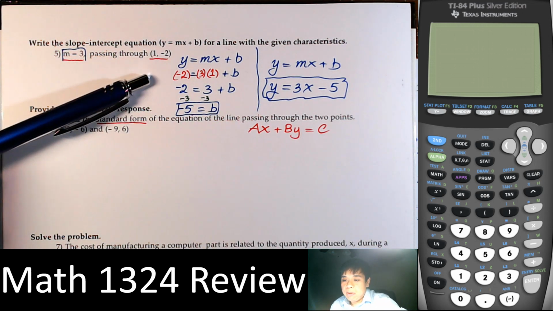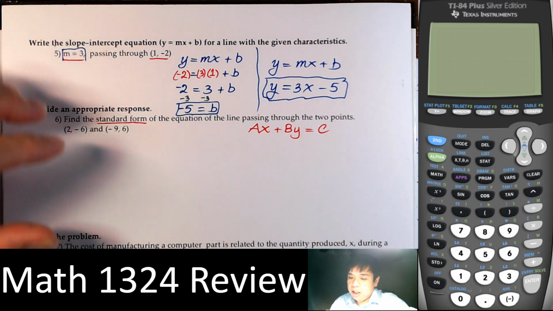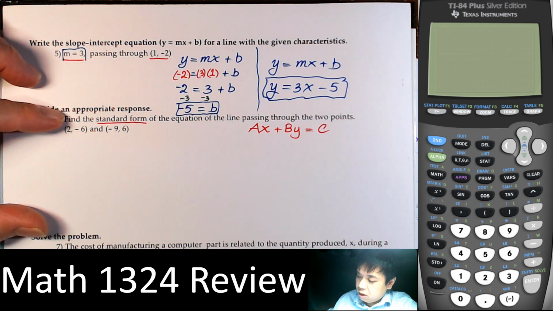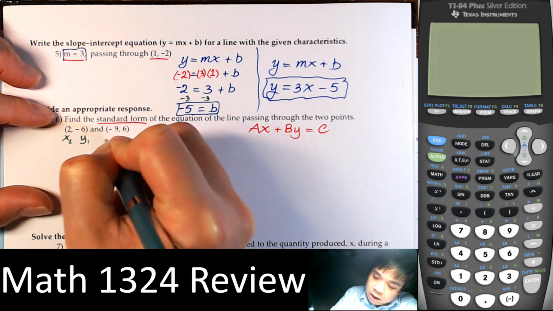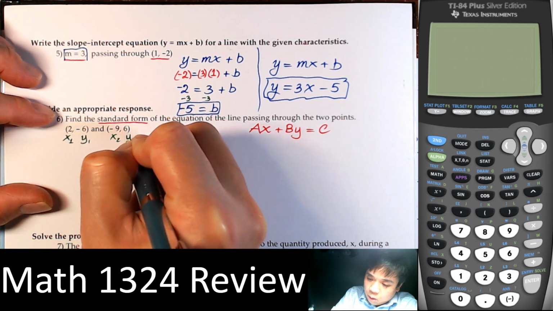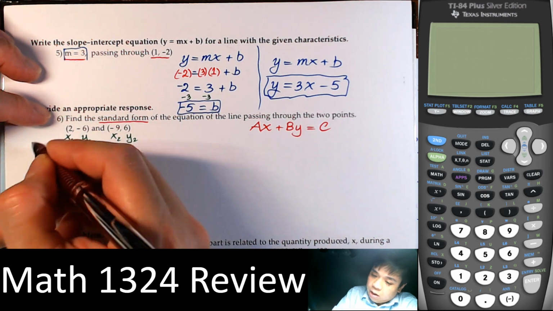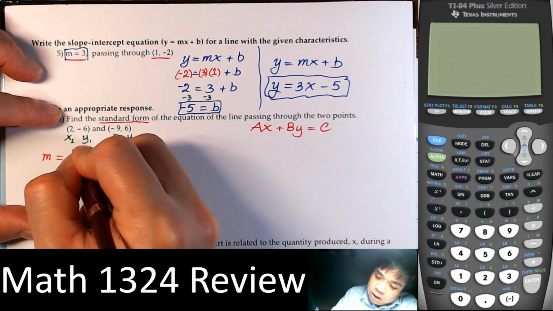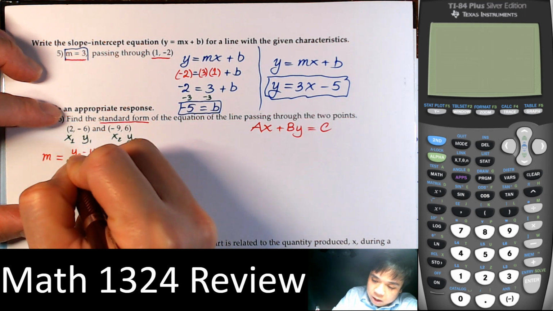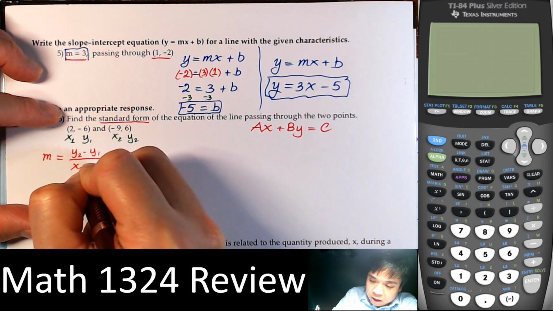And the slope intercept form is y equal to mx plus b. If we are given 2 points, let's say we have x1, y1, x2, and y2. The slope is y2 minus y1 over x2 minus x1.